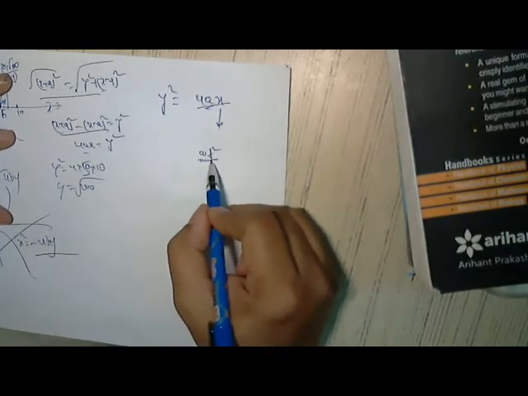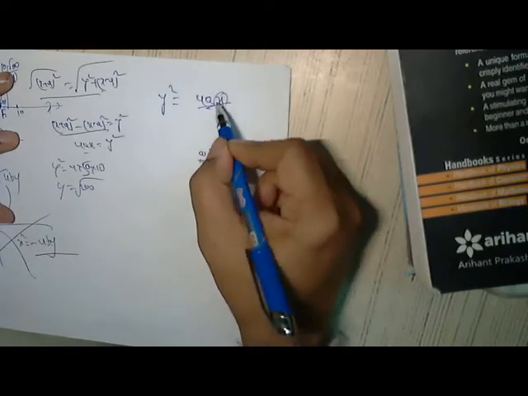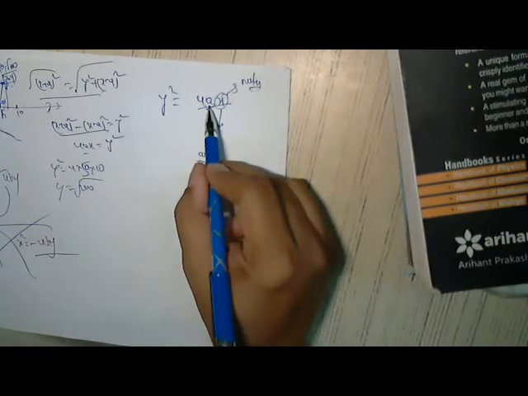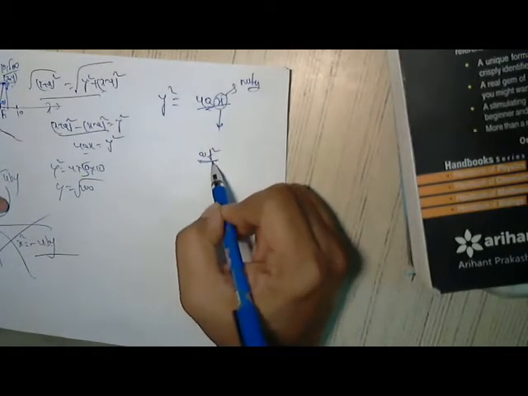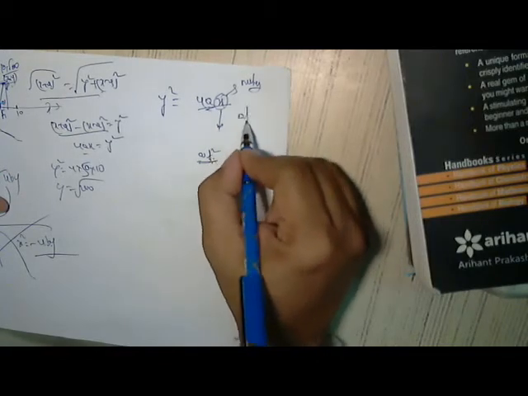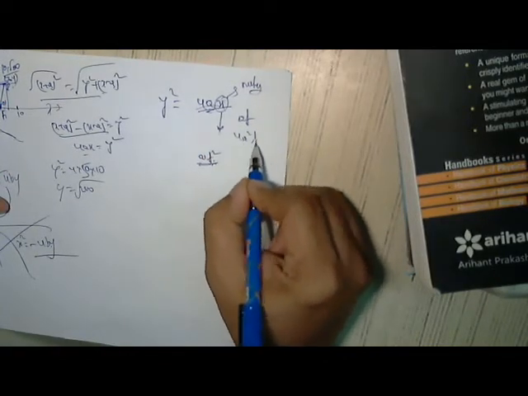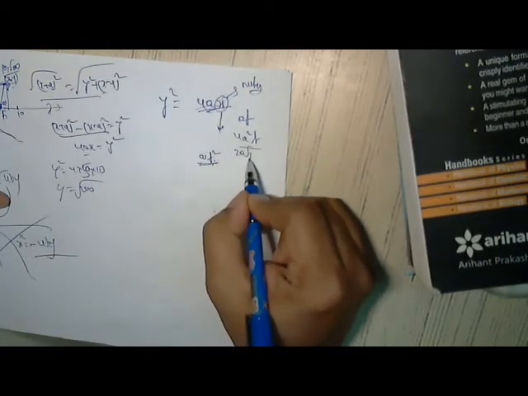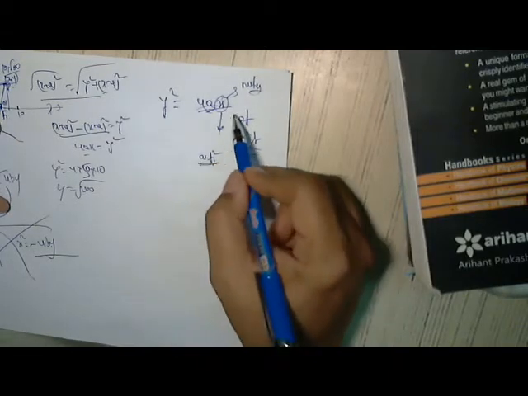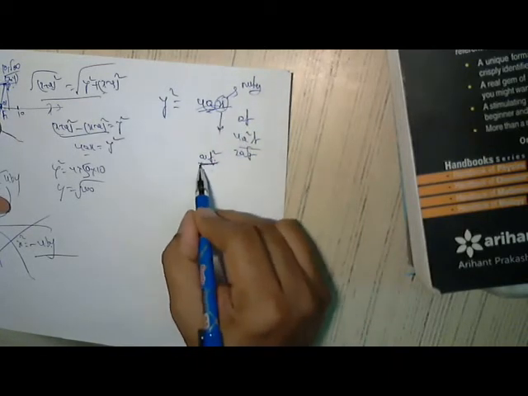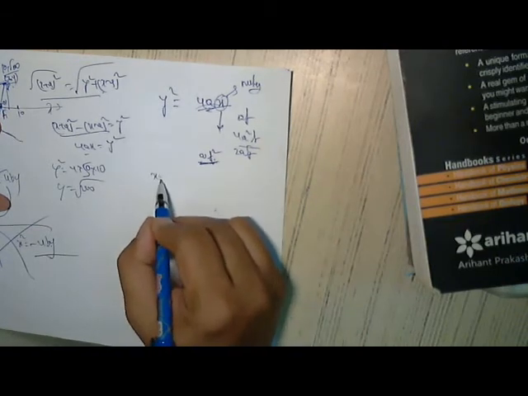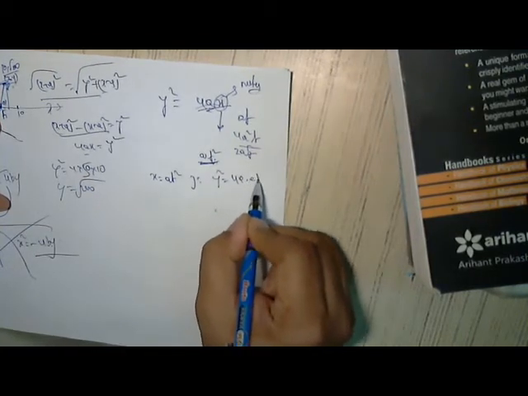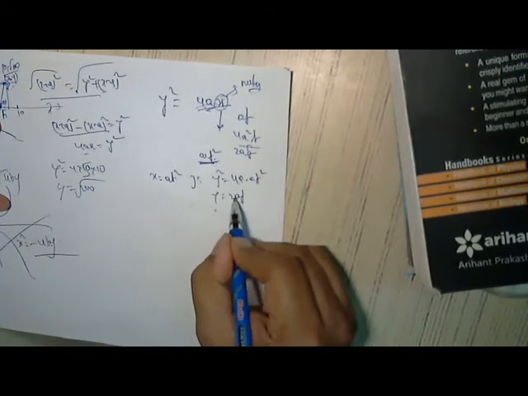X is a real number, so I am making it a multiple of a with some t square. If I keep just a t, then y square becomes 4a square t. Is it a perfect square? No, I would get y as 2a root t. So I want to make it a perfect square. So I convert x into a t square. Then if x is a t square, y square is 4a into a t square, so y is plus or minus 2at.